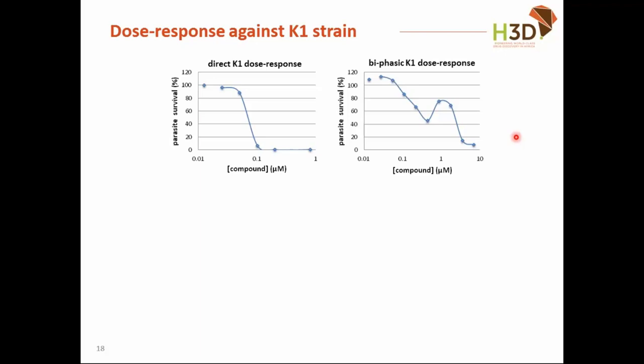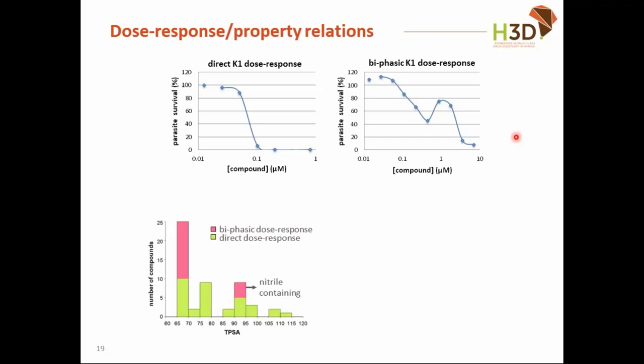So to try and move away from this issue, we had a look at different properties to see if we could get any correlation between physical-chemical properties and this behavior against the K1 strain, and we couldn't get any correlation with any of the parameters except the TPSA, which we don't really know why there is a correlation with the TPSA, but that's what we observe.